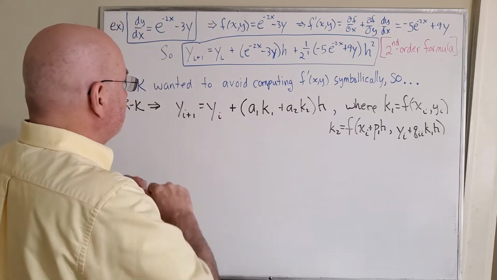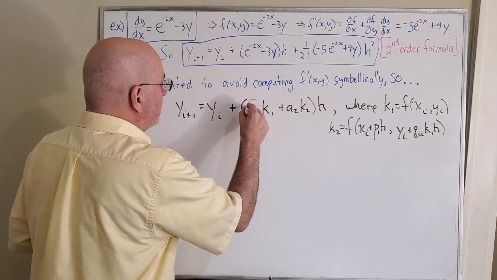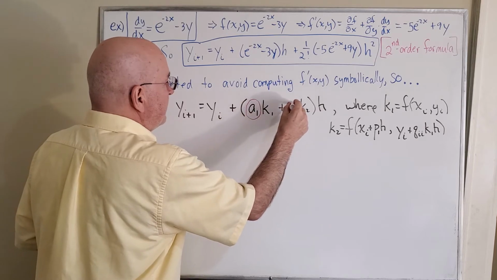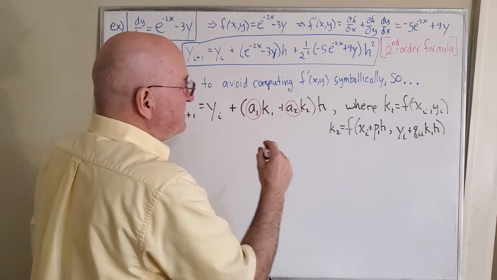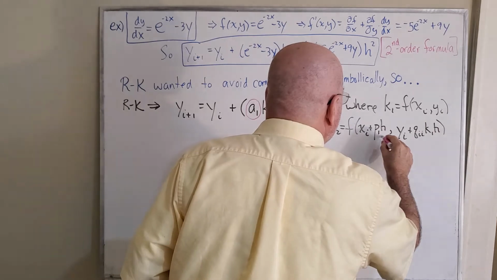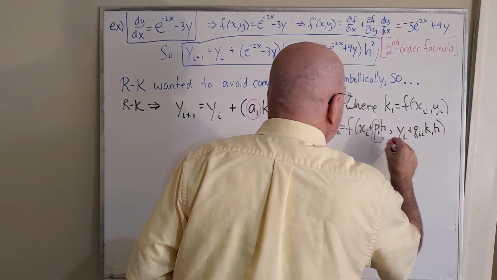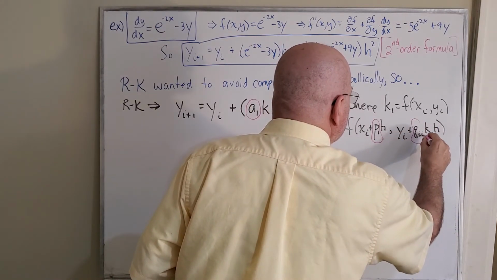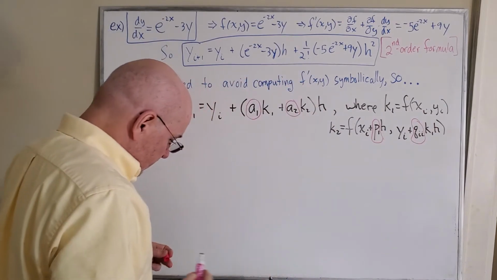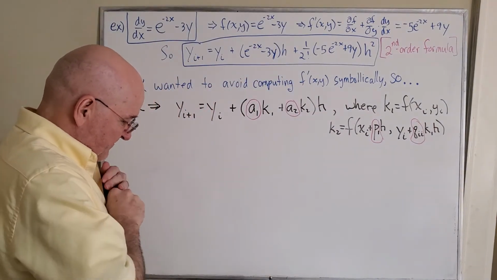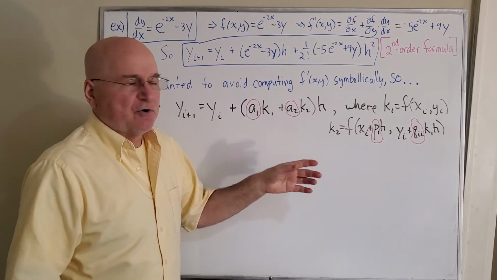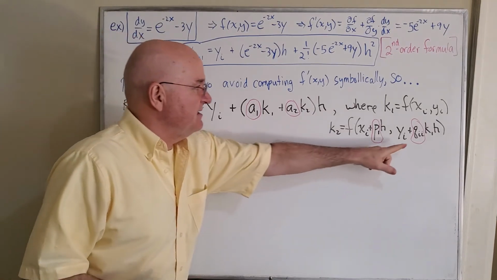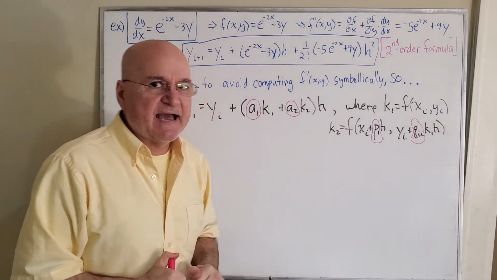Specifically, we introduced a1, we introduced a2, p1, and q11. Now, q11 is probably named that because in matrices, this happens to be an element along a diagonal.